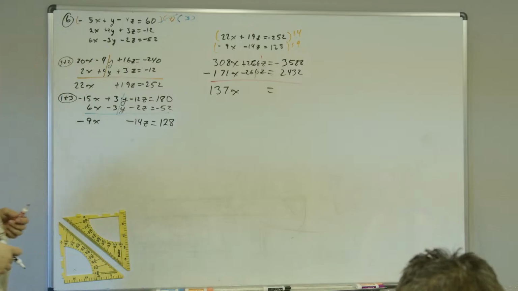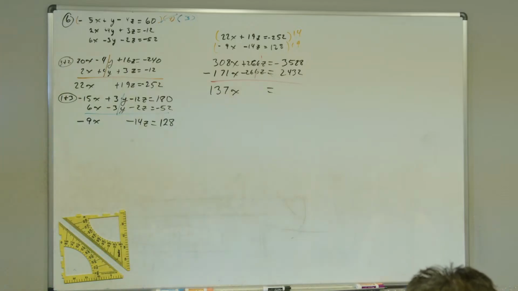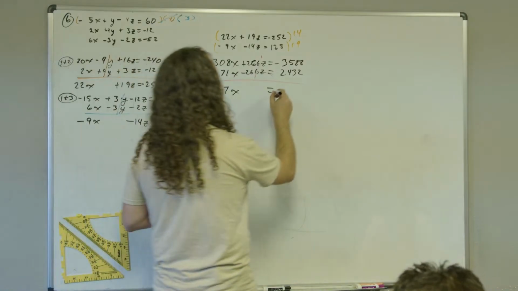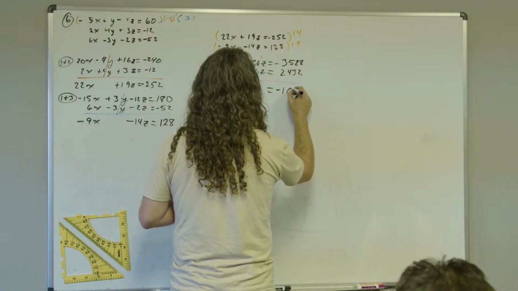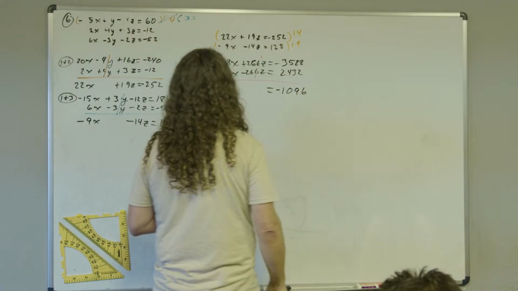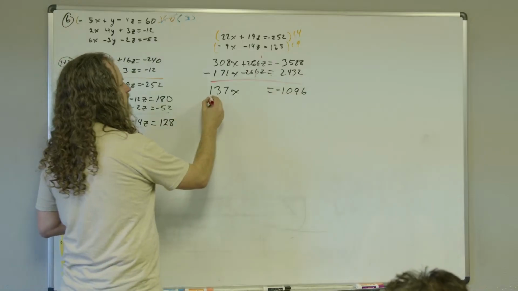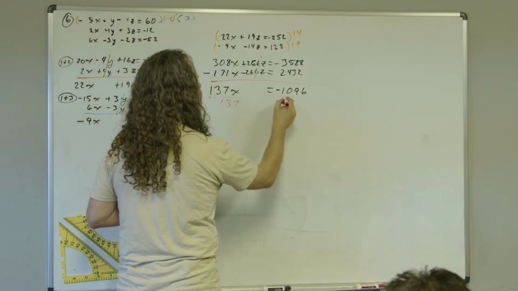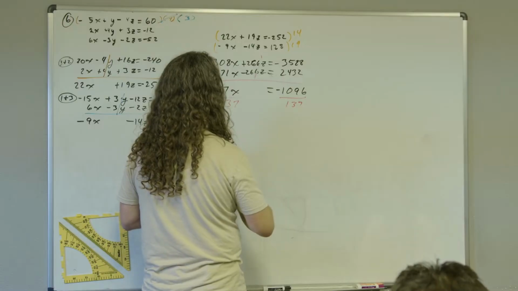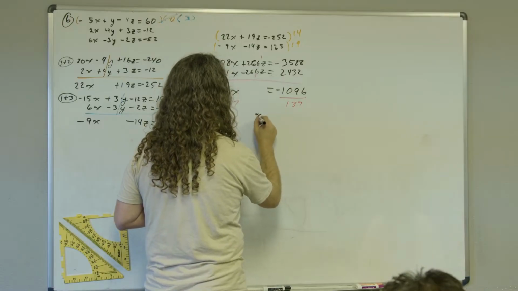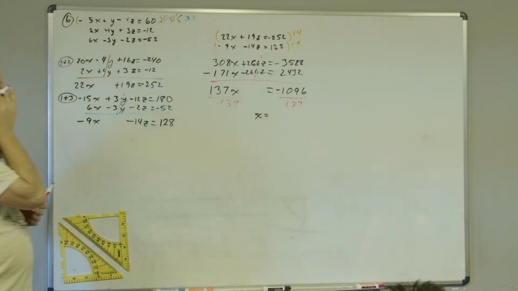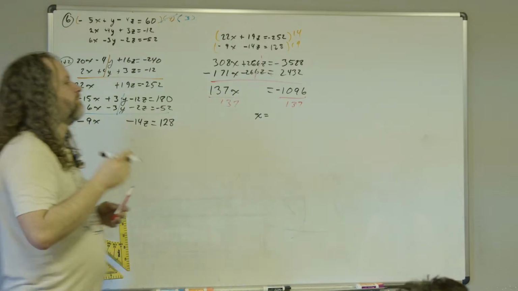And negative 3,528 plus 2,432 is negative 1,096. Then we divide. x equals negative 8.